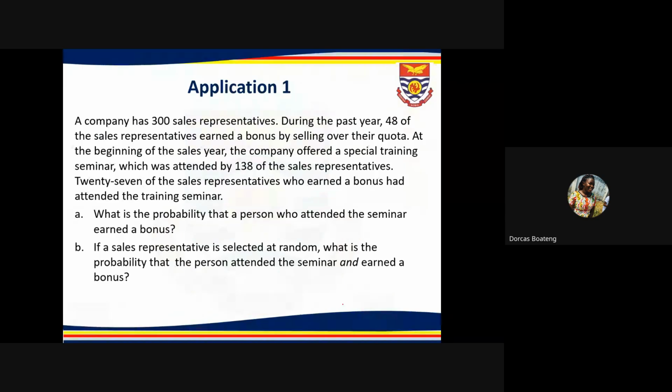A. What is the probability that a person who attended the seminar earned a bonus? B. If a sales representative is selected at random, what is the probability that the person attended the seminar and earned a bonus?